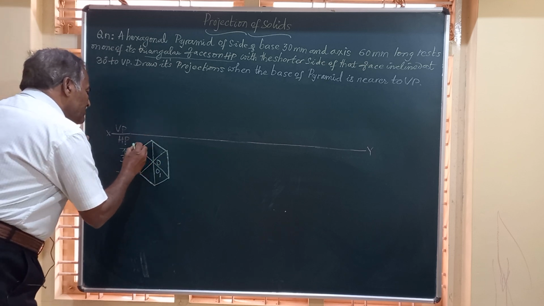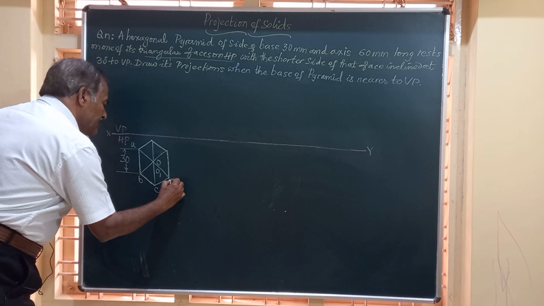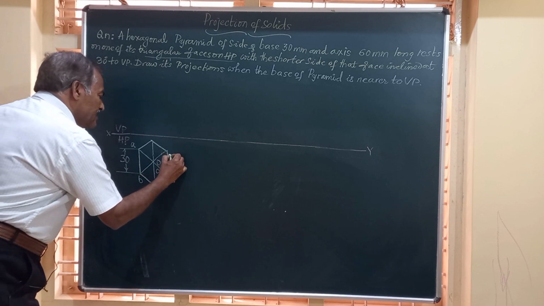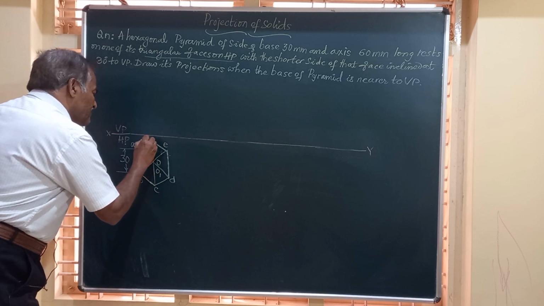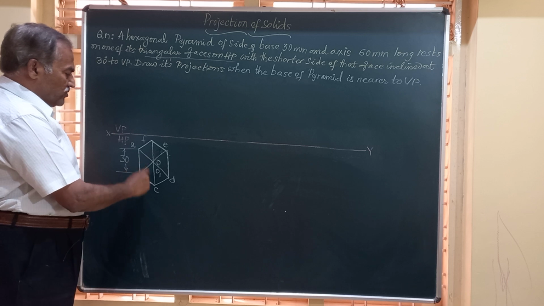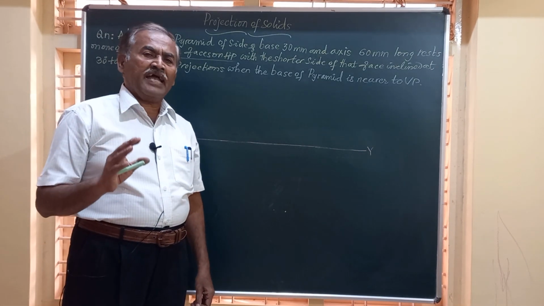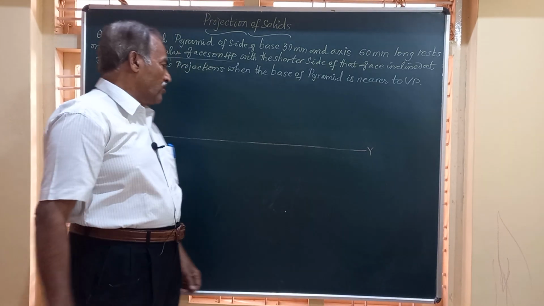We'll name these A, B, C, D, E, and F. So friends, in the top view, OA, OB, OC, OD, etc. represent the slant edges of the pyramid.